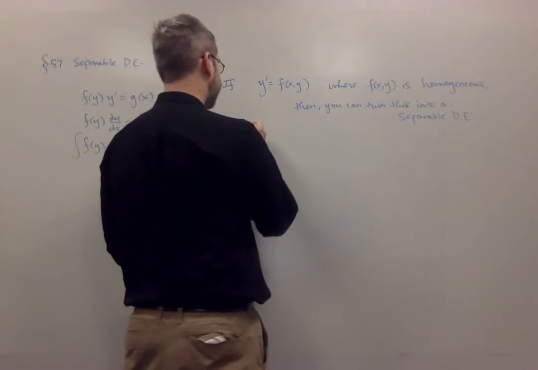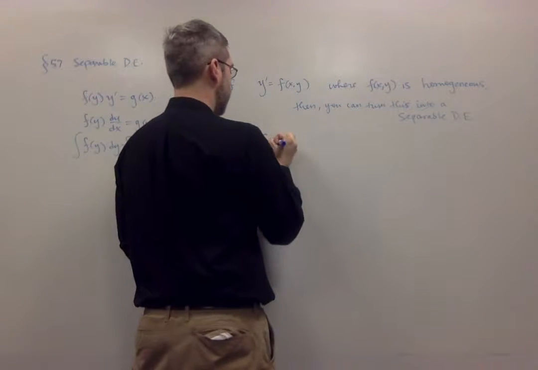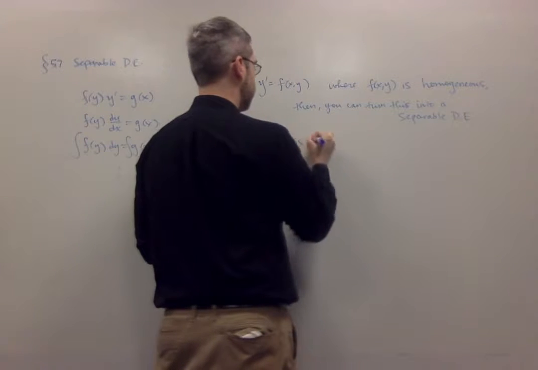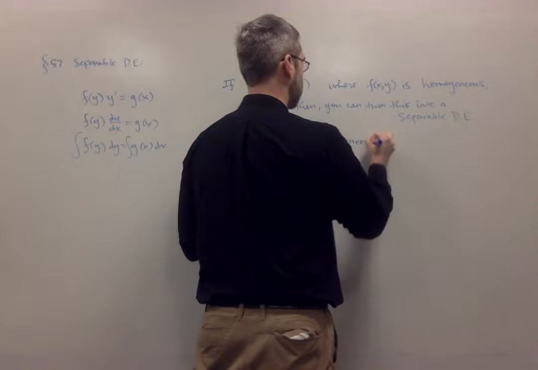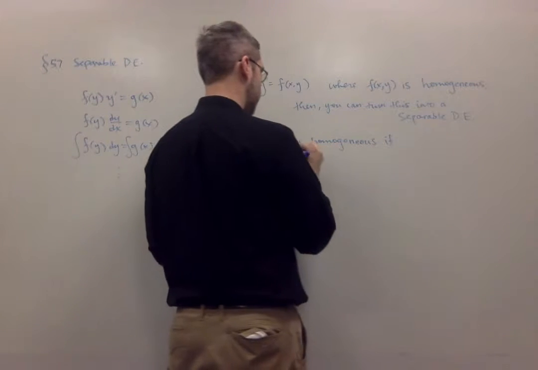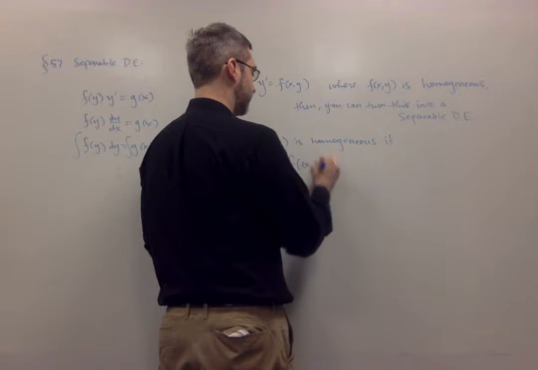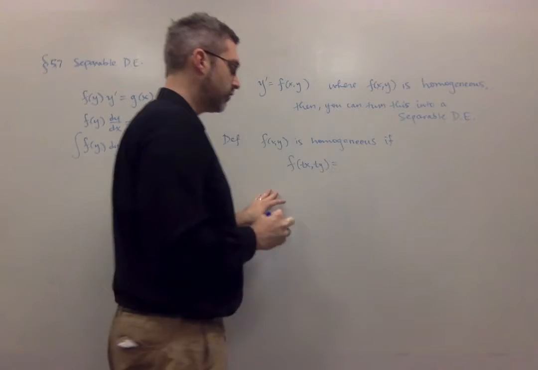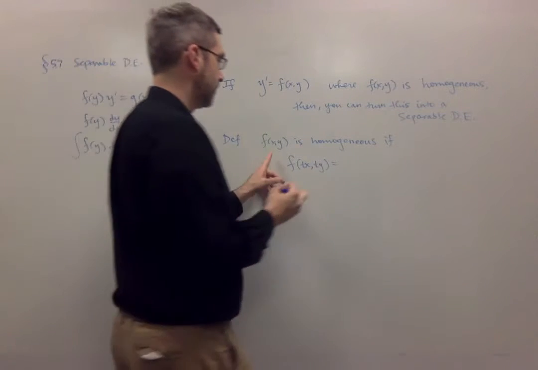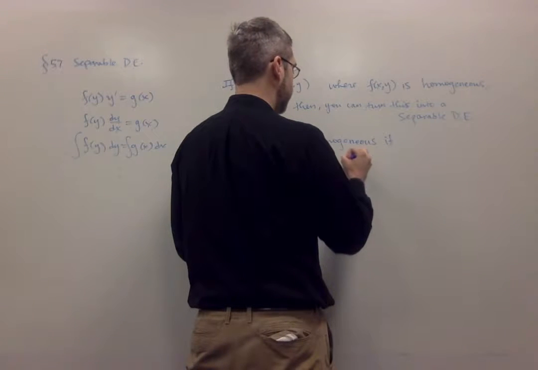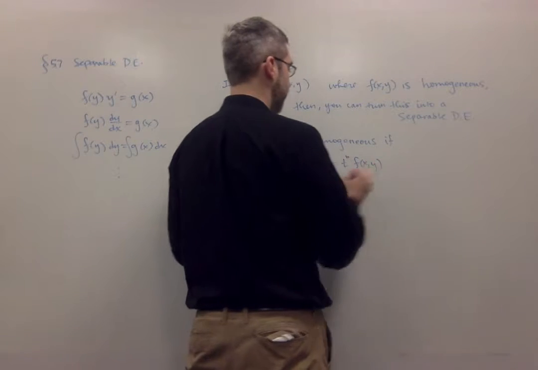So let me give you a definition here. f of x, y is homogeneous if you plug in tx and ty, wherever there's an x and a y, it turns out that's the same thing as t to the n times f of x, y.